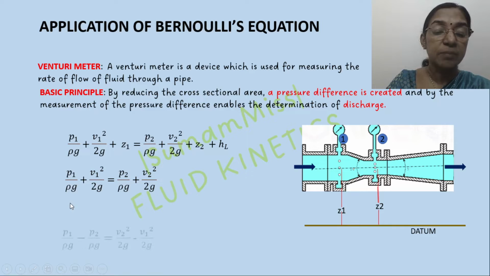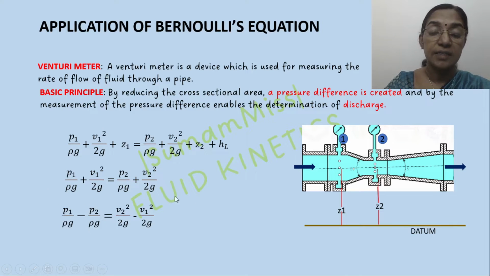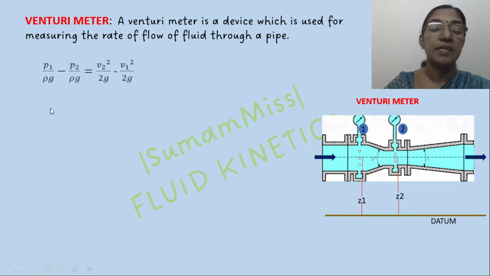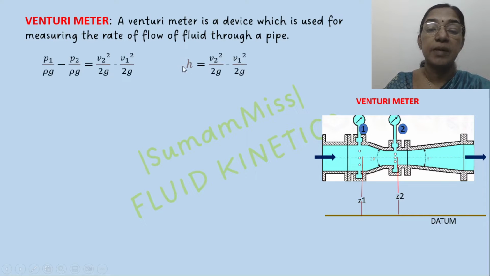So P1 by rho g minus P2 by rho g equals V2 square by 2g minus V1 square by 2g. This difference of pressure is indicated by the pressure head, represented by H, which is equal to the difference in velocity head between sections 1 and 2.